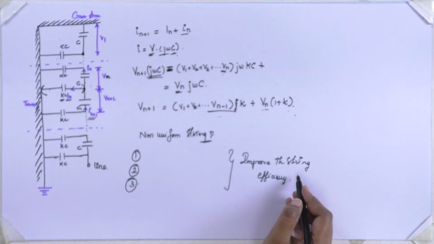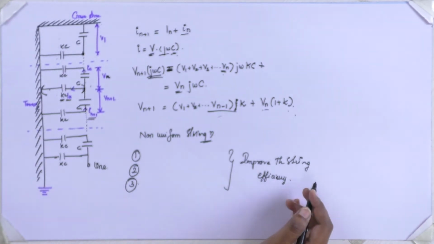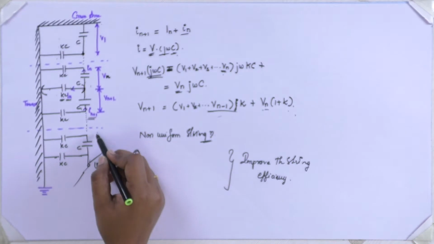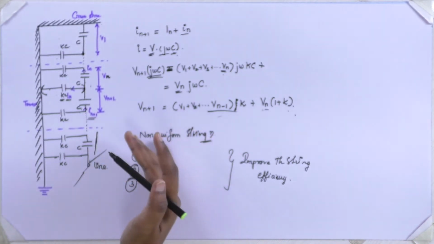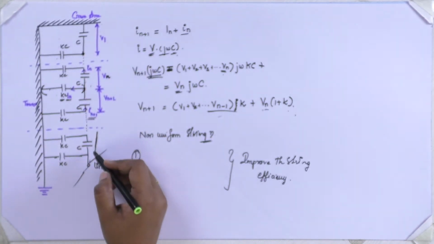Before going into how to improve the string efficiency, I have to understand the fact that the units nearest to the line are stressed to their maximum allowable value when compared to the tower end.